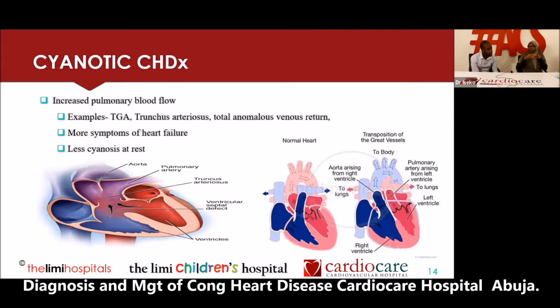So because of this, there is a change in the circulation. Normally it goes in series, from the pulmonary artery to the lungs for oxygenation, and then it comes back to the heart, then to the systemic circulation. But once you have TGA with intact septum, there's a parallel circulation. The pulmonary is on its own, the systemic is on its own. So the deoxygenated blood keeps going from the systemic circulation back to the right side of the heart, and back to the systemic circulation.